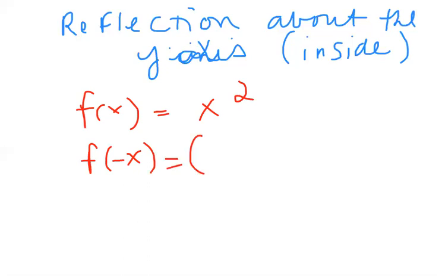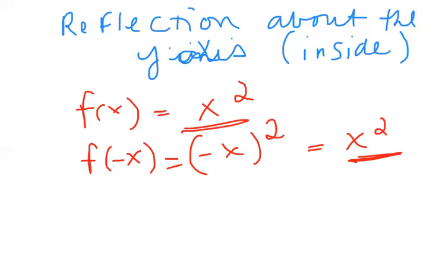So when you plug in that negative value into a quadratic function and you square it, you're going to get the same thing right back, because when you square a negative, you also get a positive. So guys, look at that. We get the same function right back. So this one will not reflect about the y-axis. Therefore, the only one that's really going to reflect about the y-axis is pretty much the square root function.